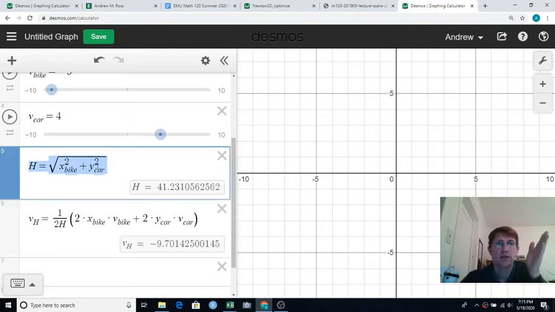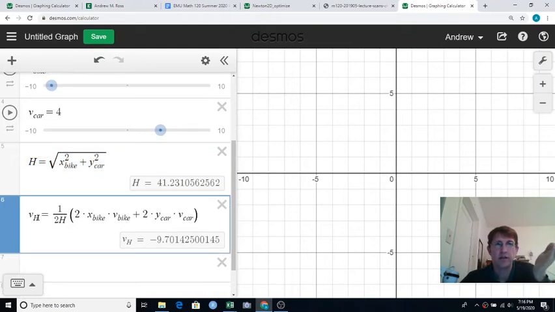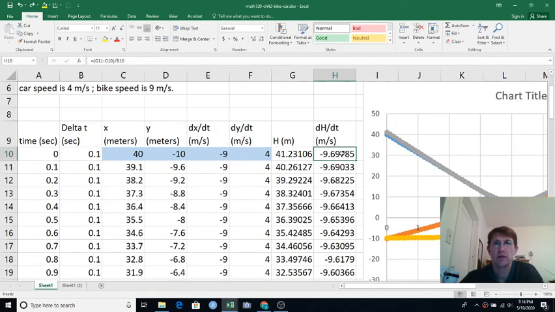Then we tell it how to compute h. That was 41-ish, like I said. And then we can say how fast is h changing, and type in the formula we got, and we get negative 9.7. And compare that to our spreadsheet where we got negative 9.69.